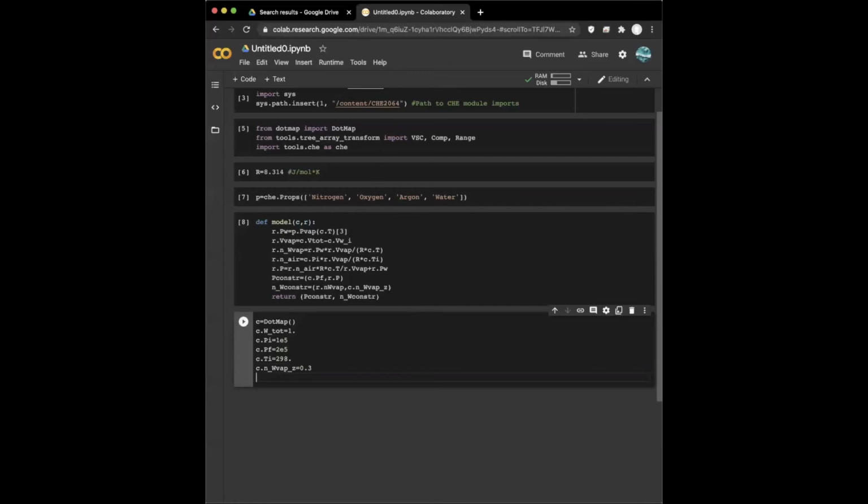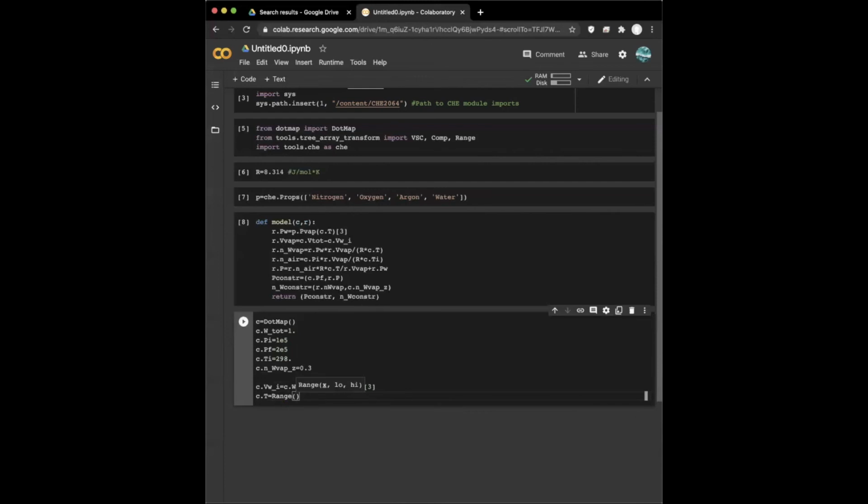So now we're going to calculate the volume that we want. C dot VW underscore I equals C dot W underscore total divided by P dot RHOL of C dot TI, and we want 3 there. Nope, we don't want that in quotes. We want just 3 there. And then we're going to have C dot T. We're going to make it into a range.